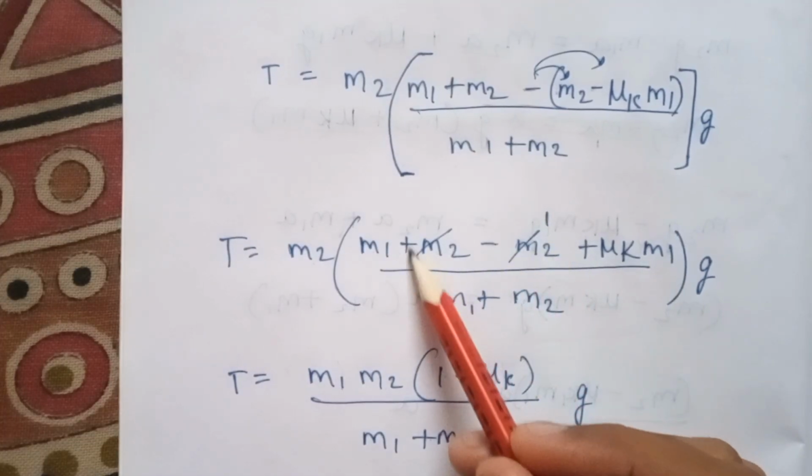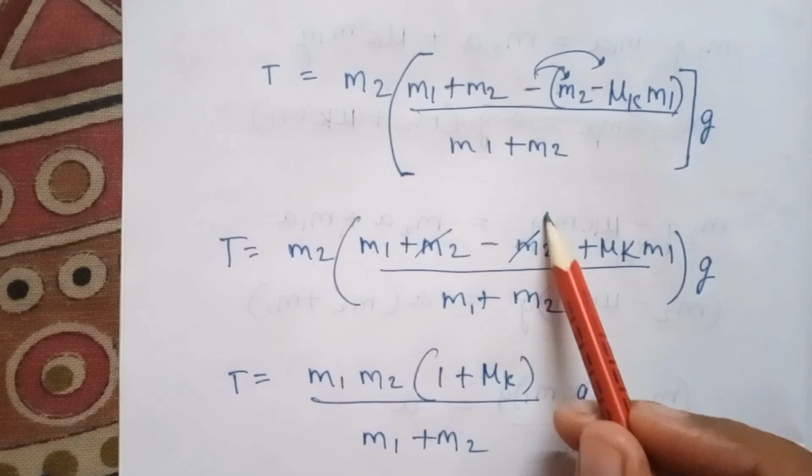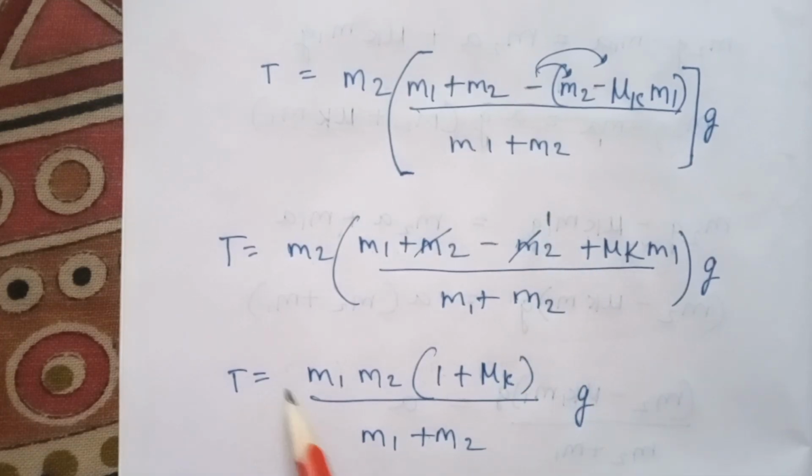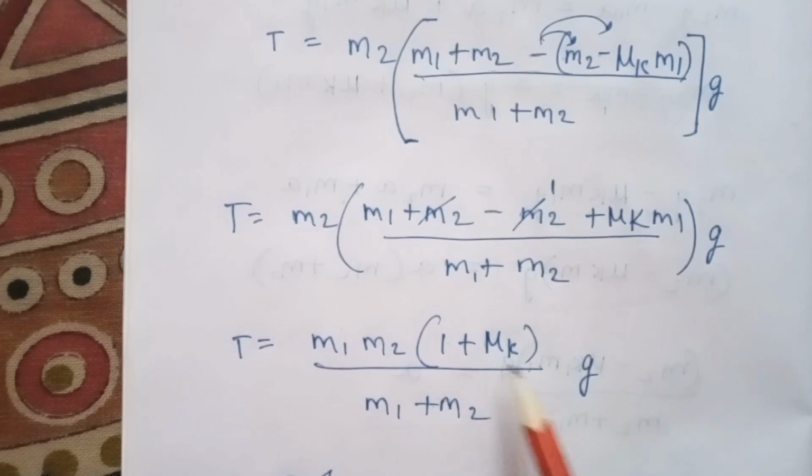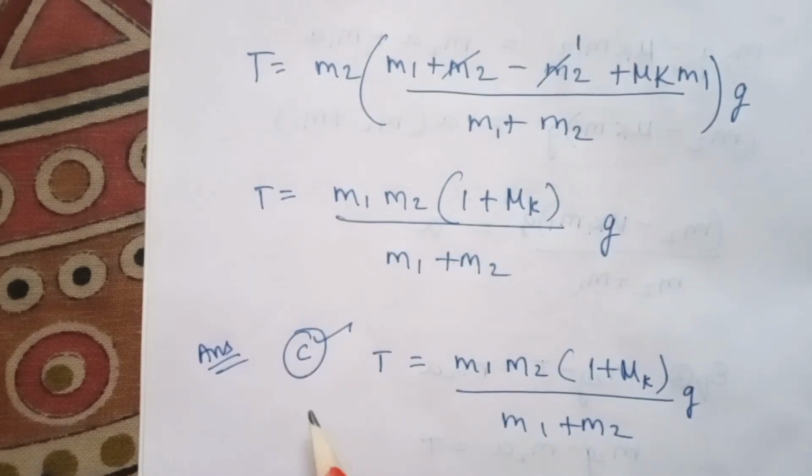Cutting this plus m2 and minus m2, we get 1 here. So T is equal to m1 m2 (1 plus mu k) divided by (m1 plus m2), times g. So option C is right. The tension is equal to m1 m2 (1 plus mu k) divided by (m1 plus m2), times g.